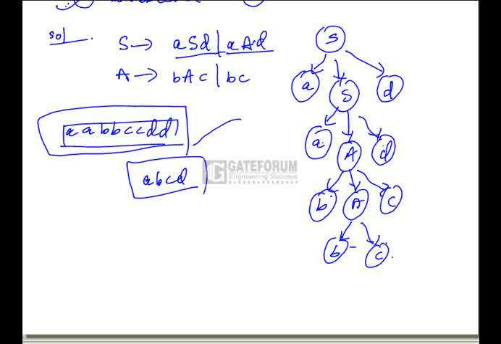So now there is one linked question on this. The answer of the linked question is based on the answer of the first question, that is AA, BB, CC, DD. The question given is like this: what is the length of the leftmost derivation for the correct string above?